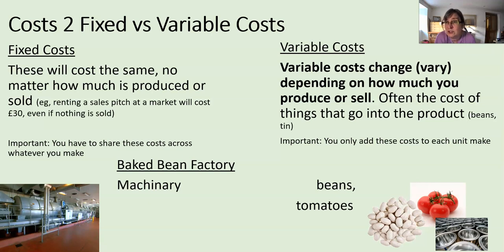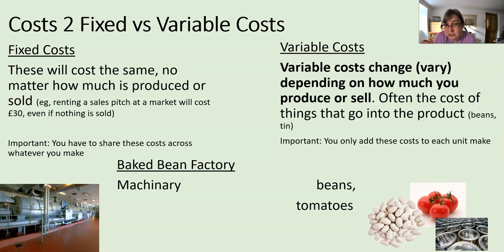When you're answering a question about this, make sure that you choose something that is very specific, that it is fixed or variable. Try not to choose something that could be seen as a little bit of both. Sometimes, for example, salaries are often seen as fixed because members of staff may be paid whether anything is made or not.